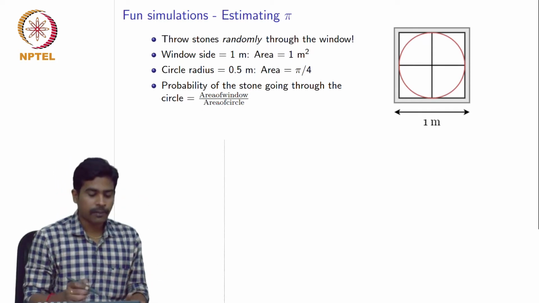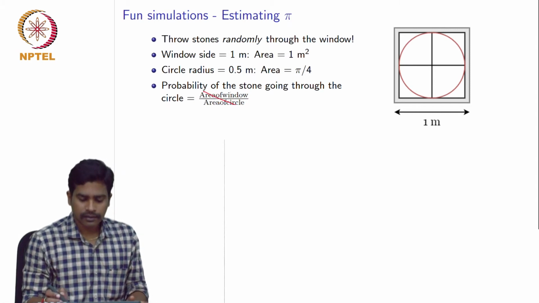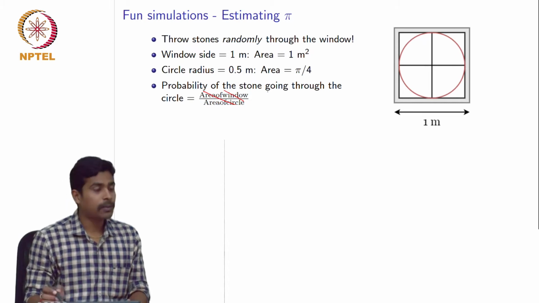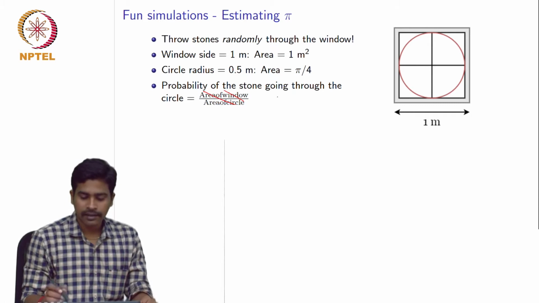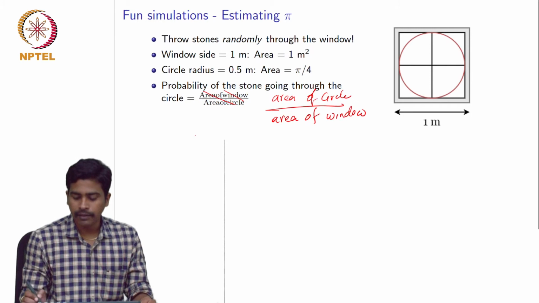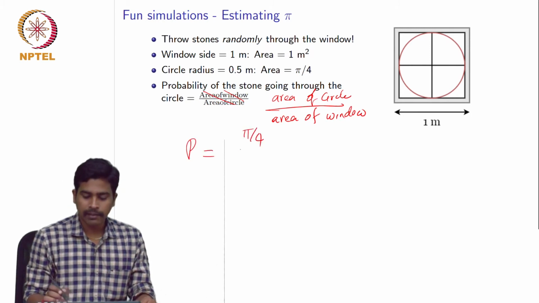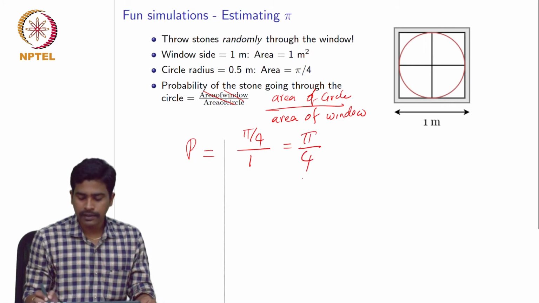So from probability, the probability of the stone going inside the circle is given by the area of the circle divided by the total area, or area of the window. So the probability is given by pi by 4 divided by 1, which is pi by 4.